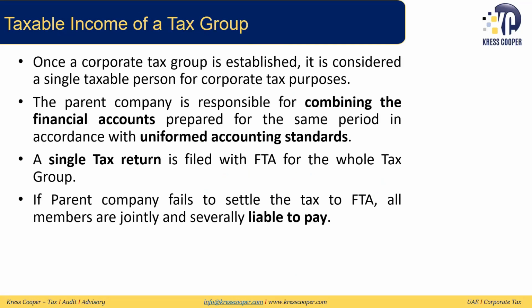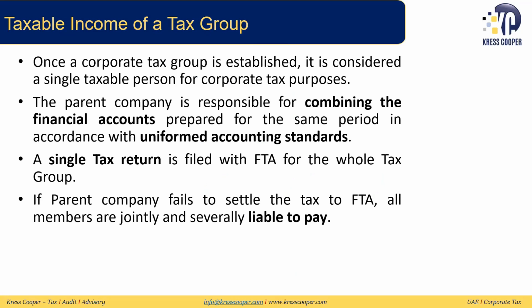Now when the corporate tax group is established, it is considered a single taxable person, like we discussed before. We said the parent company is now responsible for certain responsibilities. One of them was combining the financial accounts. Once the members have their own individual accounts, the parent will be responsible to combine and consolidate those accounts.